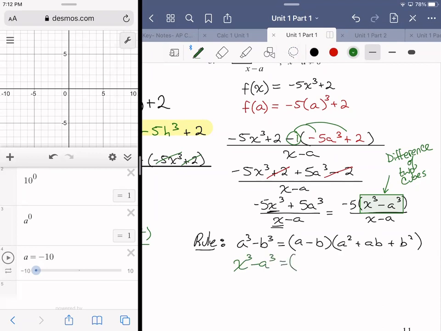Because I'd look at this and say that x is taking on the role of a, and a is taking on the role of b. So in this expansion, wherever I see an a, I'm going to replace it with an x. And everywhere I see a b, I'm going to replace it with an a.